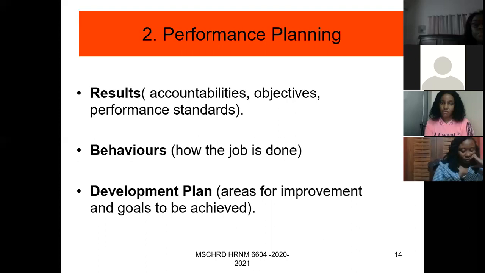A lot of things are now considered competencies, and therefore they fall into behaviors. Like, for instance, the ability to communicate is a competency. The ability to take initiative is a competency. And we need to look at the behaviors because the behaviors are critical to the achievement of a job.